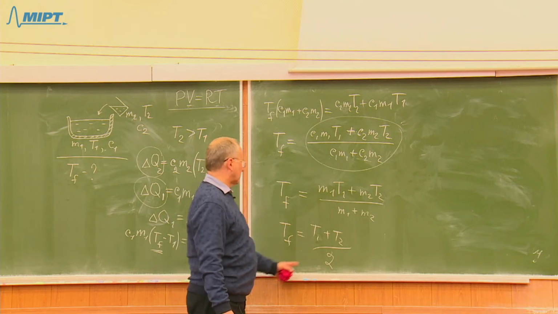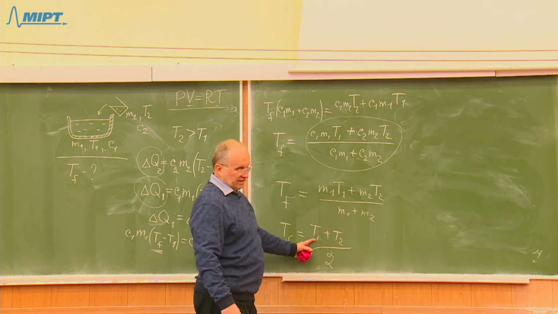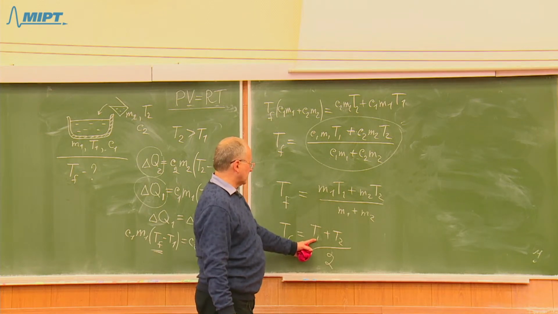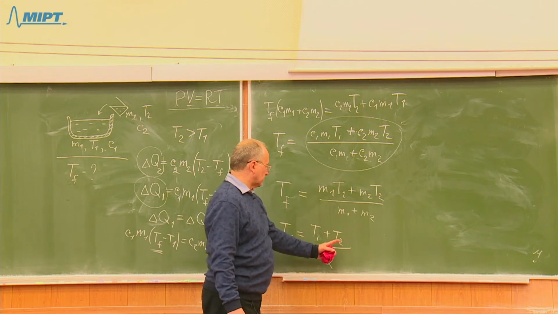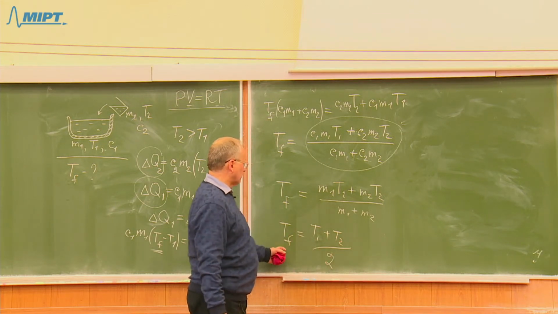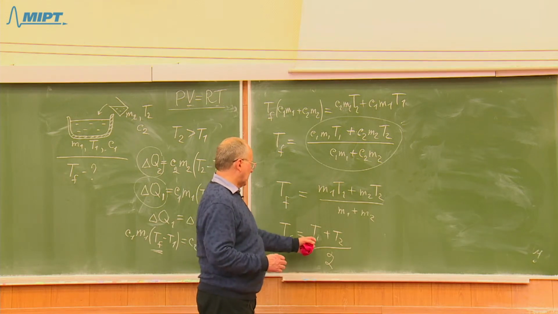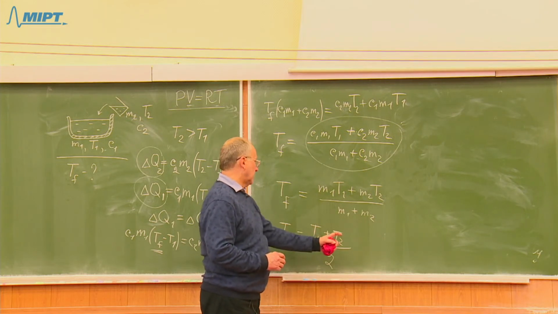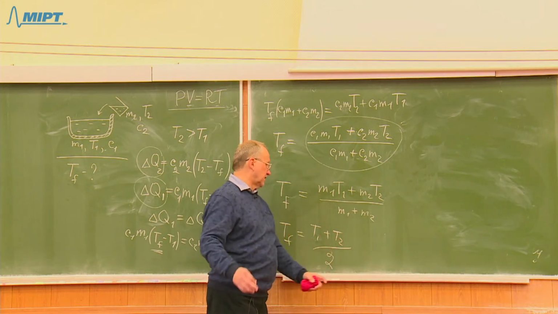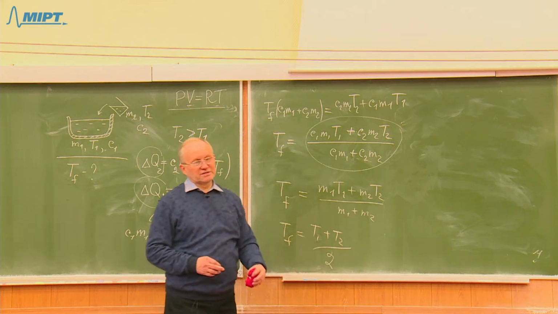Mean means that if T equals in Celsius 10 degrees Celsius, and this is 30 degrees, then the mean will be 20. The final temperature will be 20 degrees. If you take equal amounts of water, the first amount of 10 degrees Celsius and the second amount of water 30 degrees, then the final mixture will have 20 degrees.